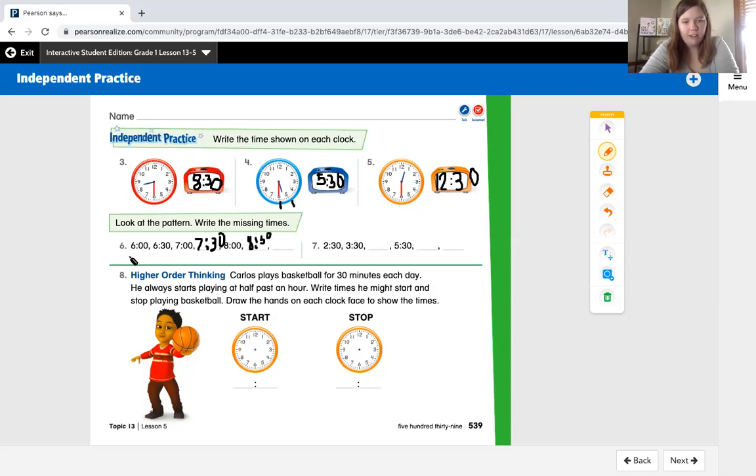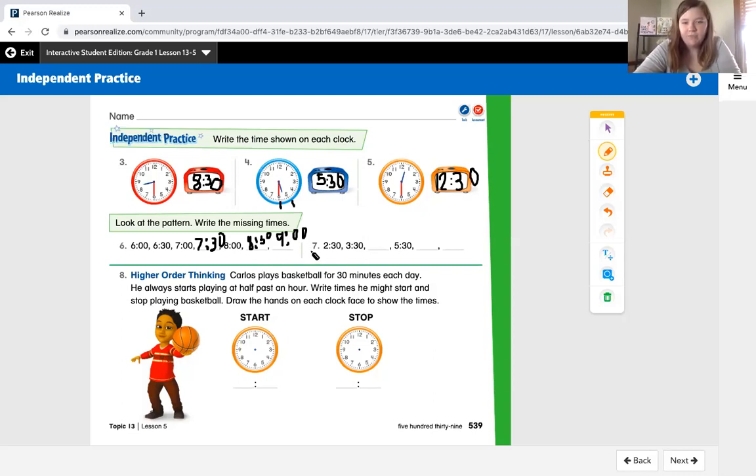So our pattern would go 6, 6:30, 7 o'clock, 7:30, 8 o'clock, 8:30. Next, what would come next? After 8:30, we move to 9 o'clock. I'm running out of space. They didn't give me a whole lot of room.